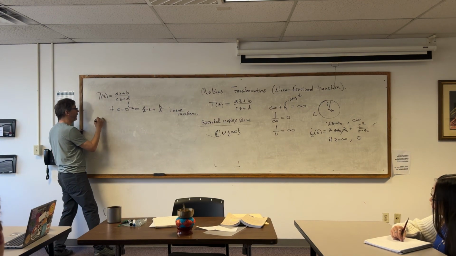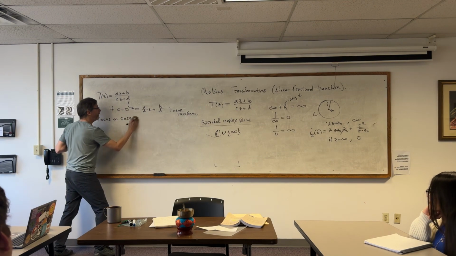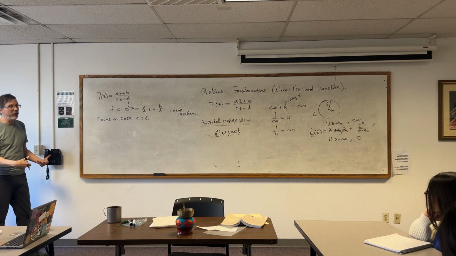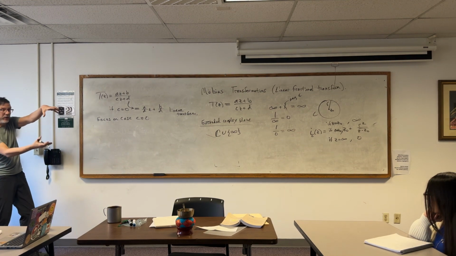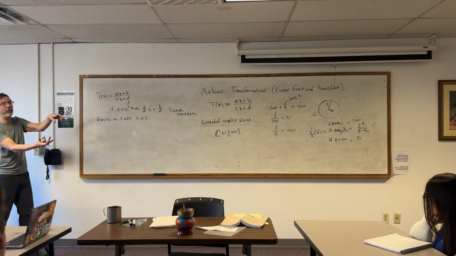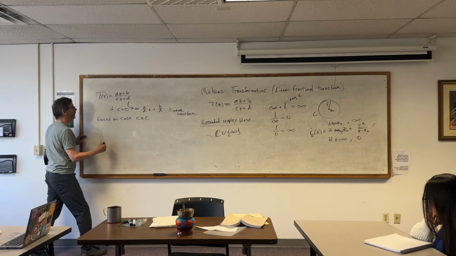So let's focus on the case where C is not 0, because then we have a linear part on top and a linear part on the bottom. We have a fraction of linear things, a linear fractional transformation. So we're going to focus on this.